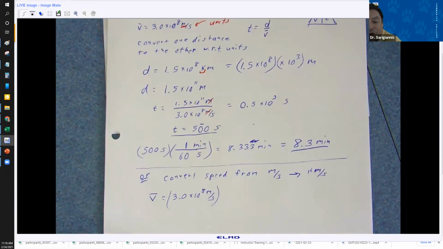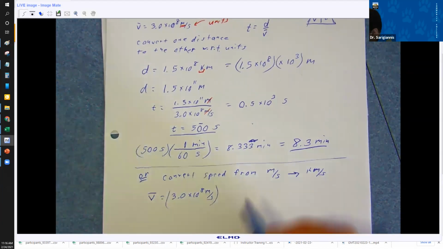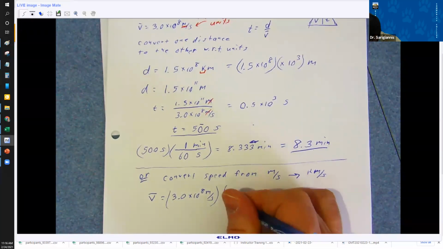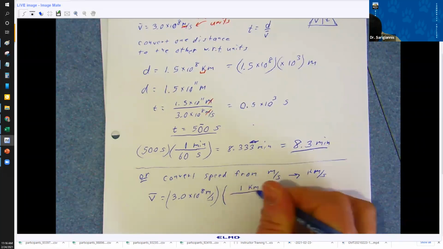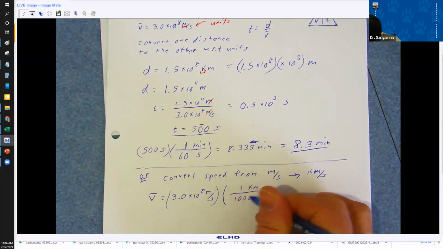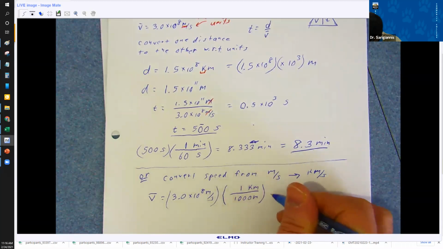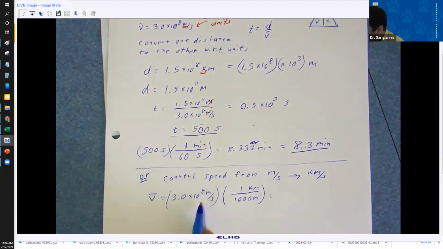Now, this is just like a normal conversion, right? I say, okay, I want kilometers per second. 1 kilometer is 1,000 meters, right? So now notice we're dividing this by 1,000, which is 10 to the 3rd.